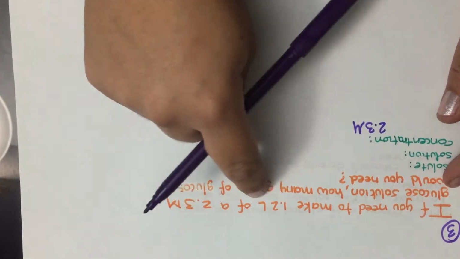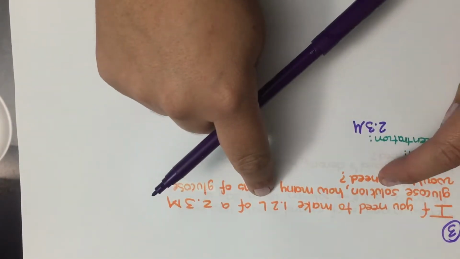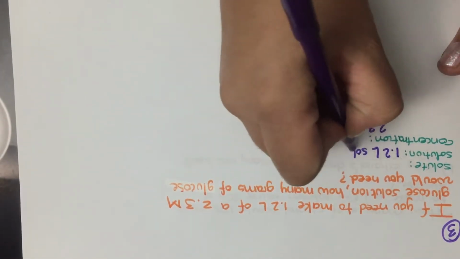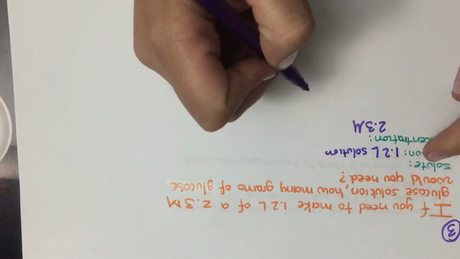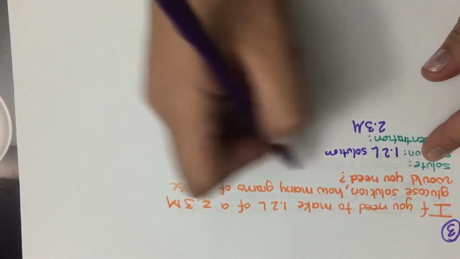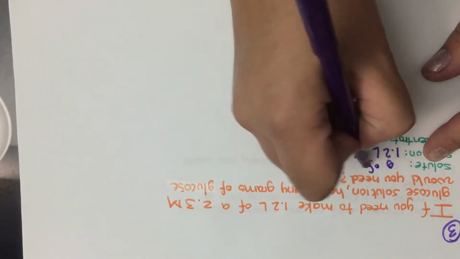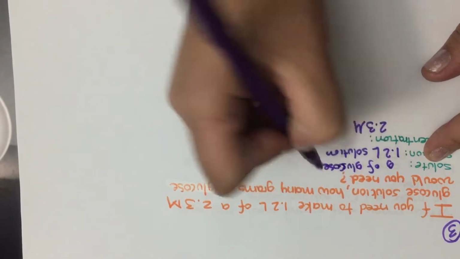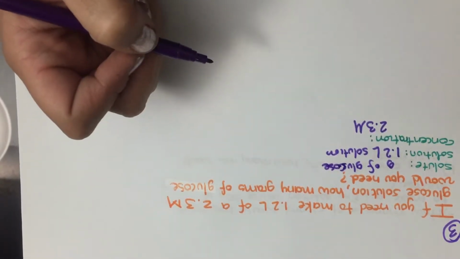So this 1.2 is referring directly to the solution, which is 1.2 liters of solution. So that means that the solute is the glucose, which are the grams of glucose that they are asking you to get. Okay, very good. So you have the information organized.